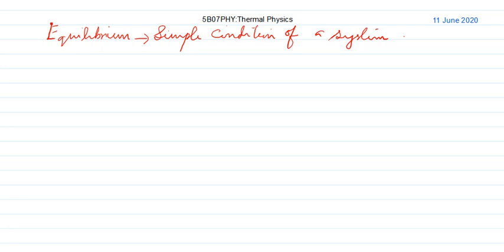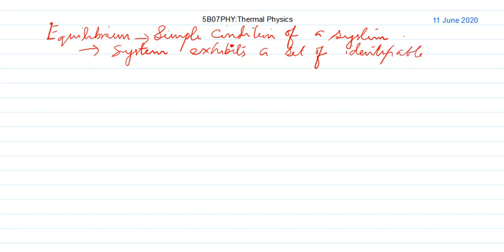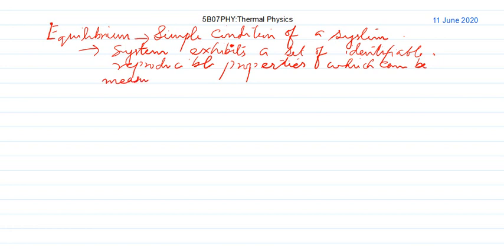And what is the speciality of such a condition? In this condition, the system exhibits a set of identifiable and reproducible properties which can be measured accurately, or precisely.